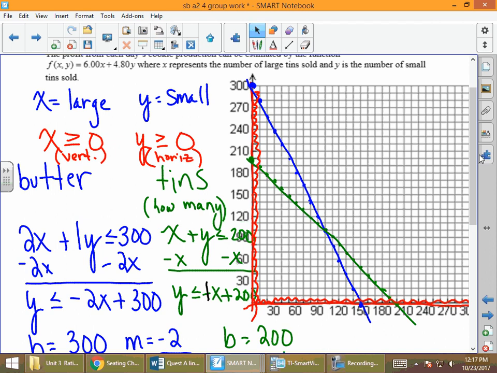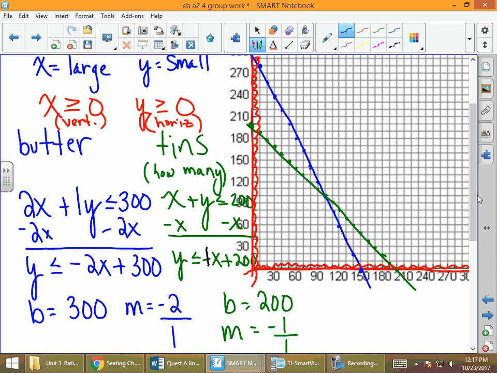What's causing a little bit of trouble as well on these is shading the blue and the green lines. And as always, pick a value that's not on the graph, not on that line. I'm going to pick 0, 0. When we put it back in here, it's going to be 2 times 0 plus 1 times 0.